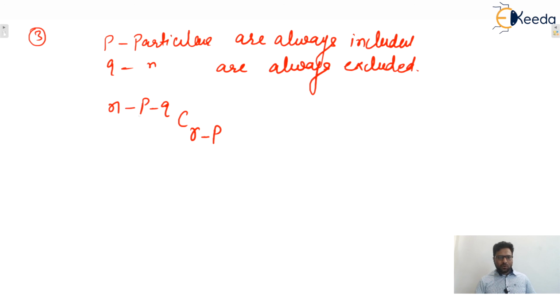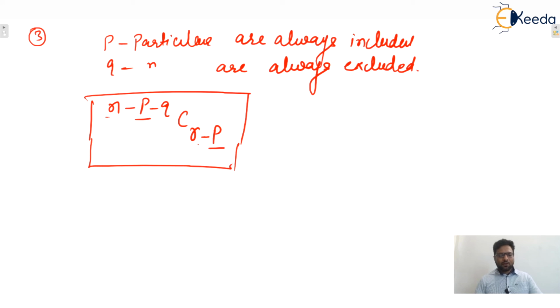The always-included persons are subtracted from both n and r, and the excluded persons are subtracted from n only. This is the generalized formula. I hope this one is clear to everyone.